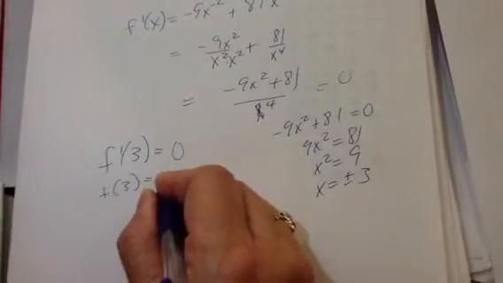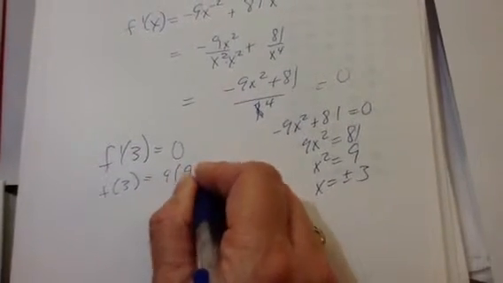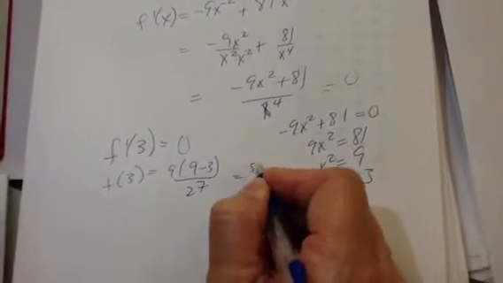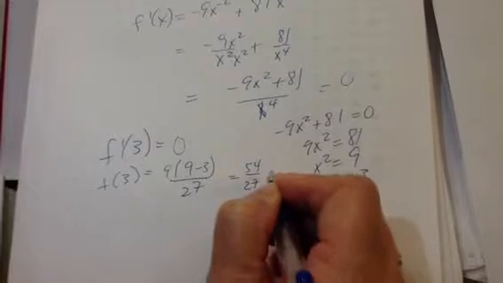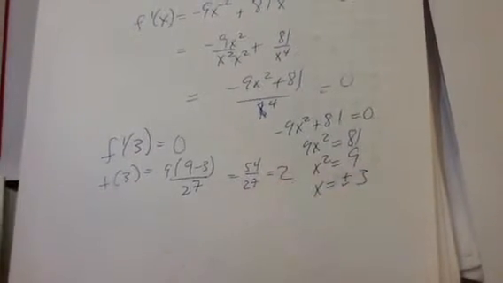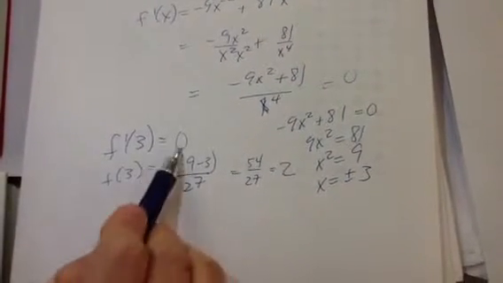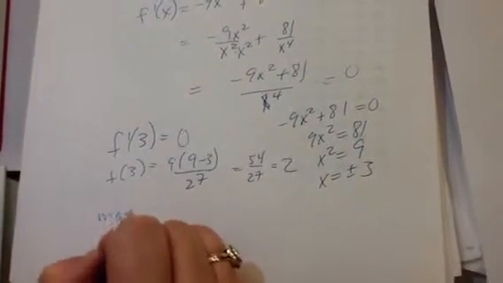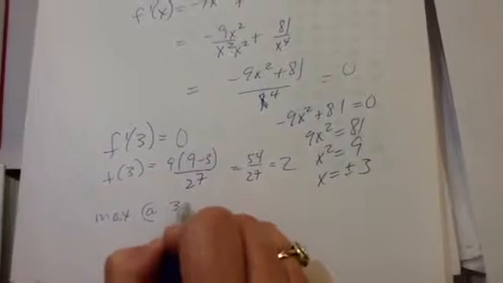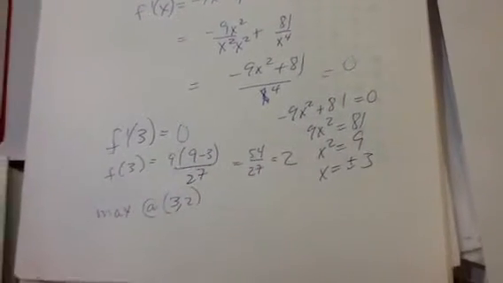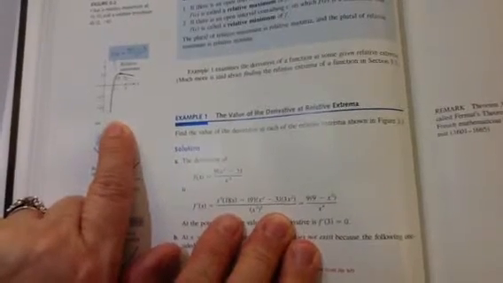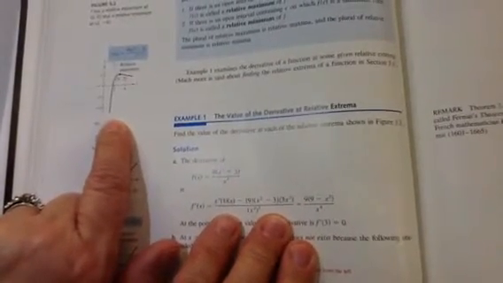So now I have 9 minus 3 over 27, which is 54 over 27, which ends up being 2. So you have a maxima at 3, 2. Max at 3, 2. Does that make sense to everybody? Got it?